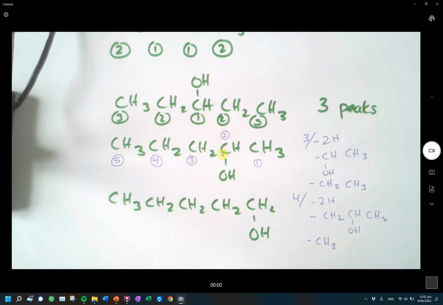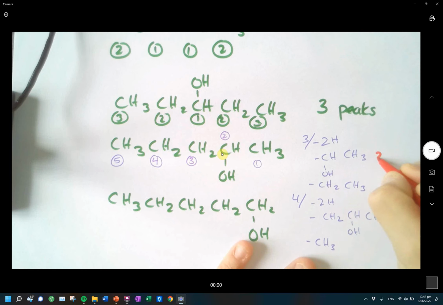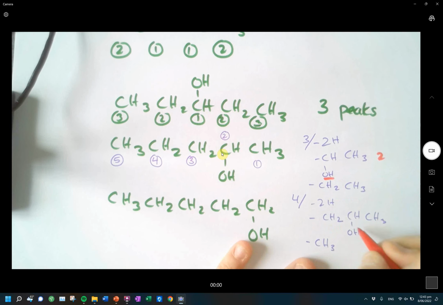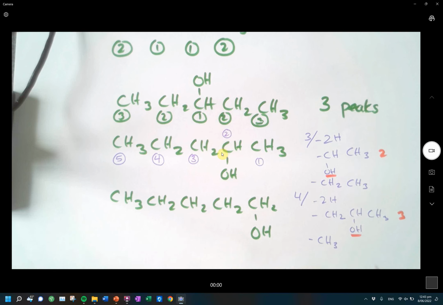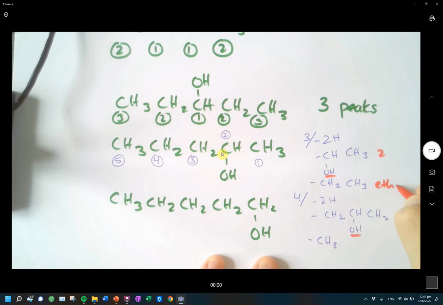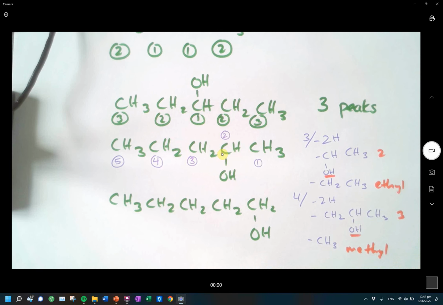The thing that's different about these two is that this is 2 carbons and the alcohol. This is 3 carbons and the alcohol's in the middle. This one is an ethyl. This one is just a methyl. So carbon 3 and carbon 4 don't have the same things attached to it.